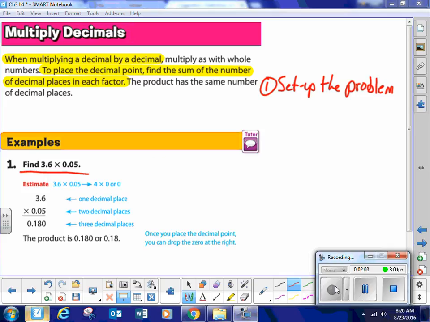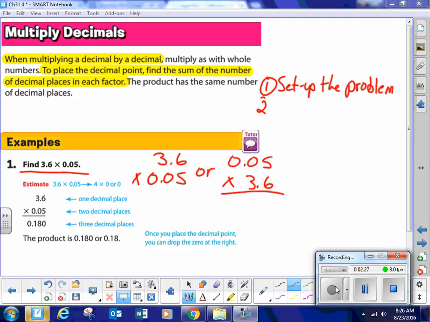We like to multiply like this: 3.6 times 0.05, or 0.05 times 3.6. I know that most of us like to put the bigger number on top. I'm okay with that. It really doesn't matter because order does not matter when we multiply, which we will talk about later.